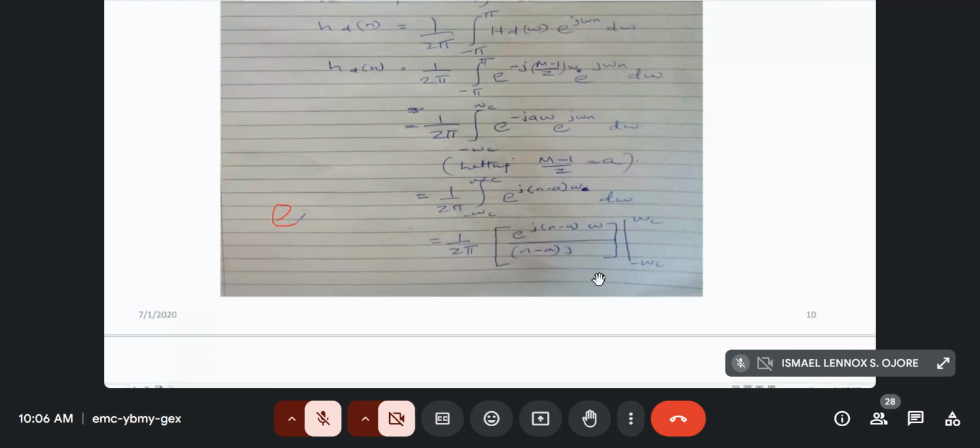If you have the integral of e to the ix dx, it simply becomes e to the ix over i.